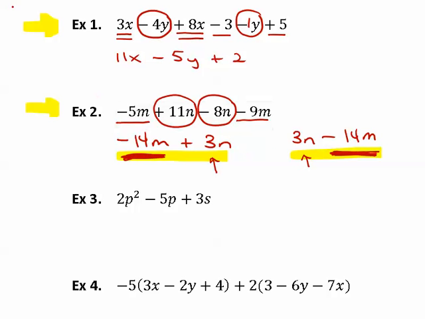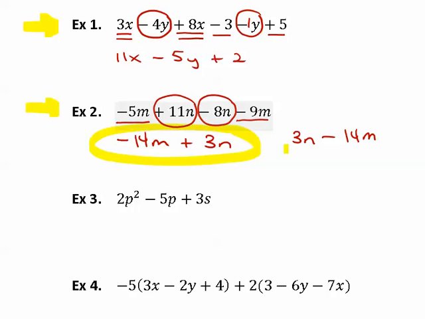Now the best answer, if there is a best answer, would be the first one, and the reason for that is we have what's called mathematical conventions, and the convention is to alphabetize the terms when you simplify them. So if I had a best answer, that would be the negative 14m plus 3n. What about example number 3?